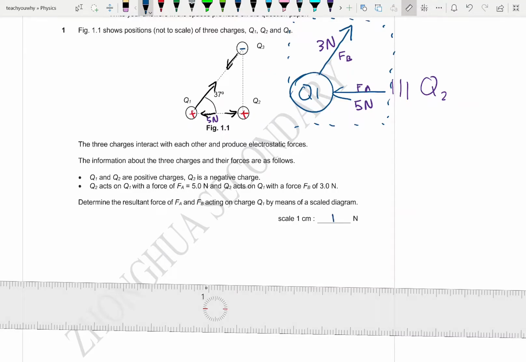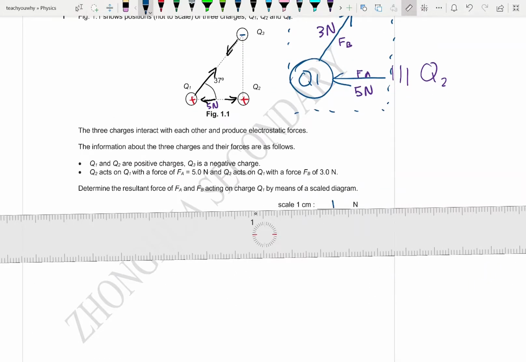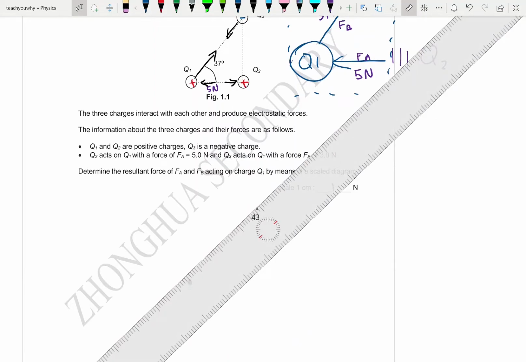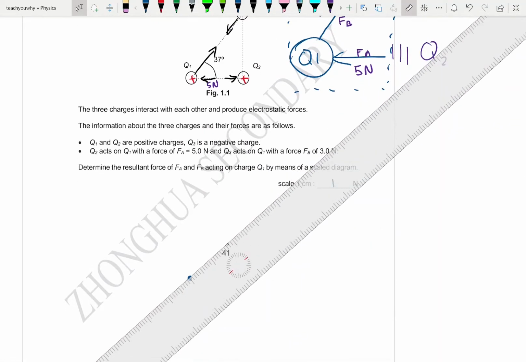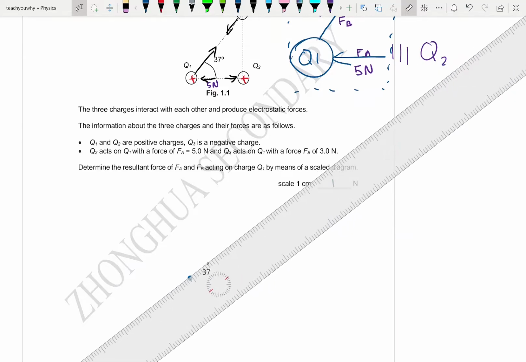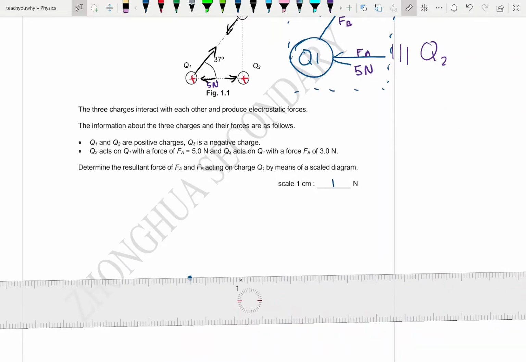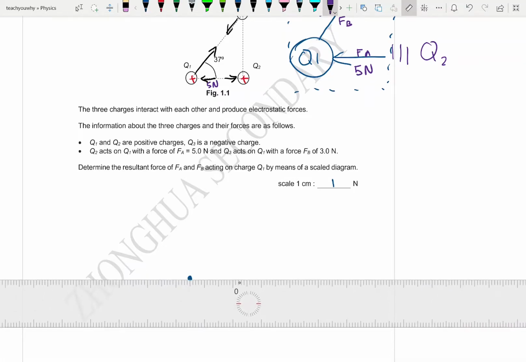Okay, and then let's start with a point here. And then we need to draw to scale. So let me start with the easy one first. Let me start drawing FA. So FA is this way.